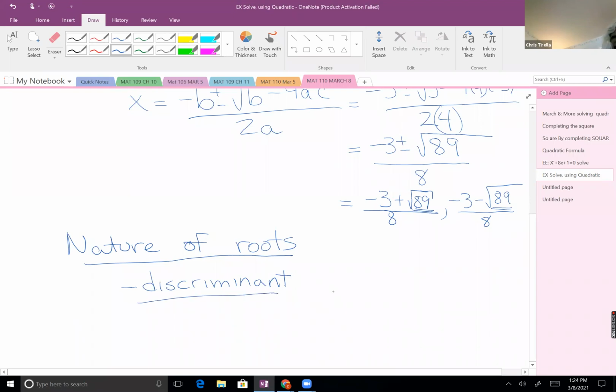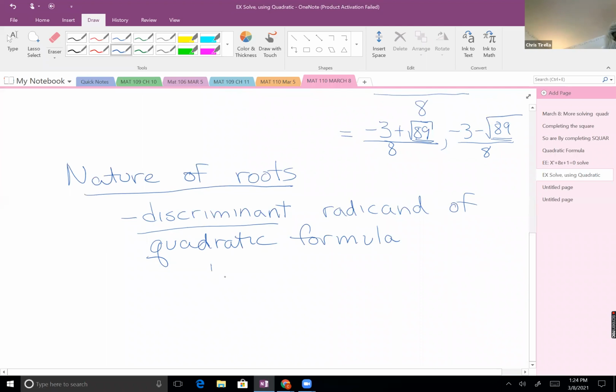And the discriminant is the radicand of the quadratic formula, which is that b squared minus 4ac.